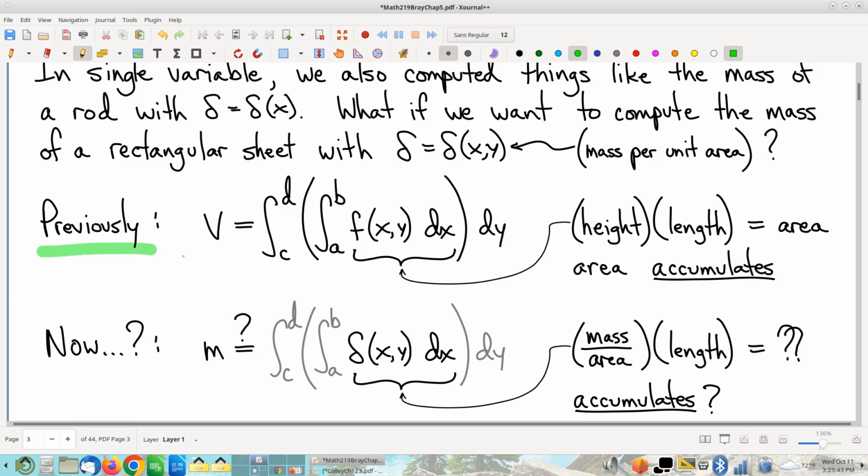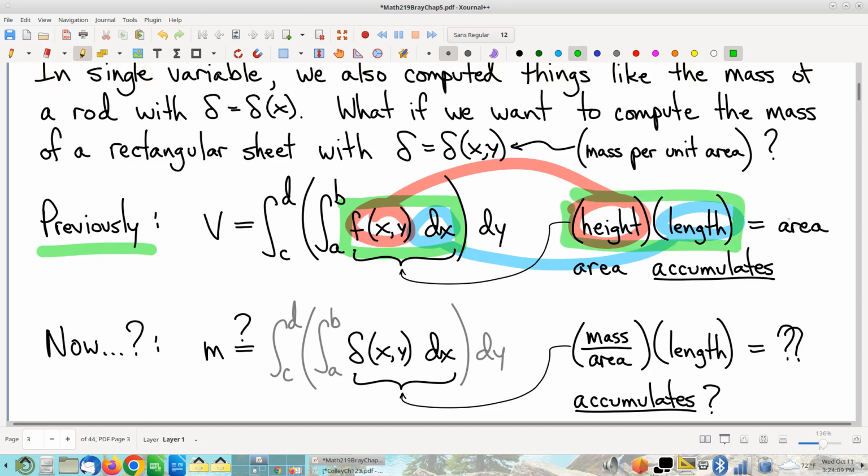Let's go back to the volume argument first. One of our big ideas was, if you look at this right here, this was height, and this was kind of length, if you will, and height times length is conveniently something we already understand.